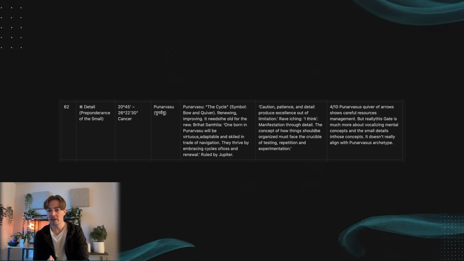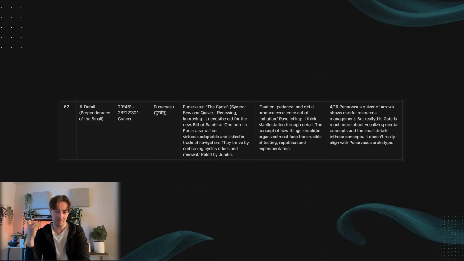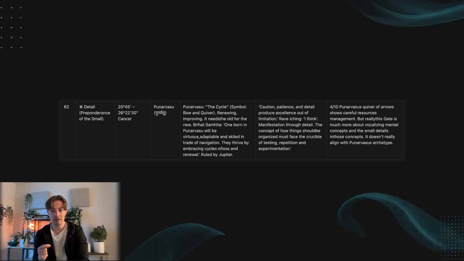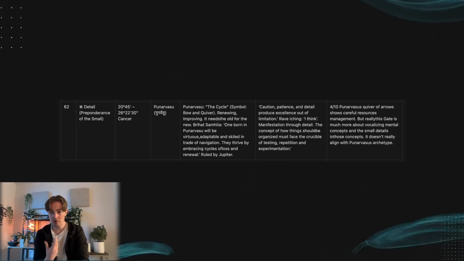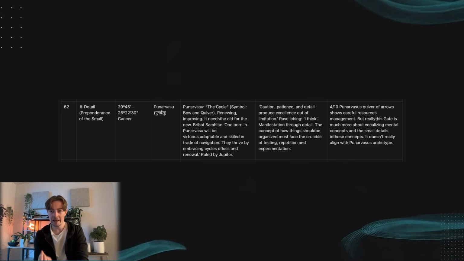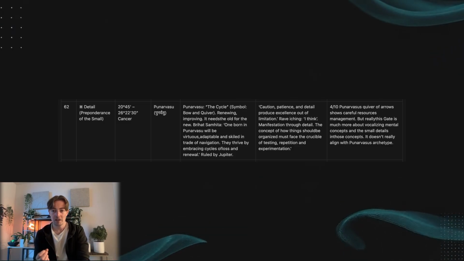And from the Revi Ching, it's the gate of, I think, the detail, the preponderance of the small. The concept of how things should be organized must face the crucible of testing, repetition, and experiment. So there's a brief link here. The Punarvasu's symbol of the bow and quiver does kind of show careful resource management, but the gate is much more about vocalizing mental concepts and the small details in those concepts.